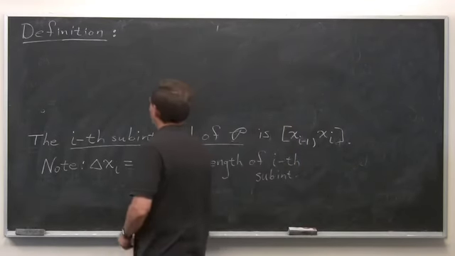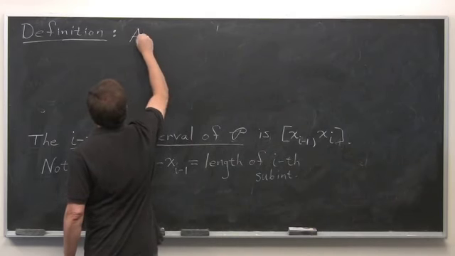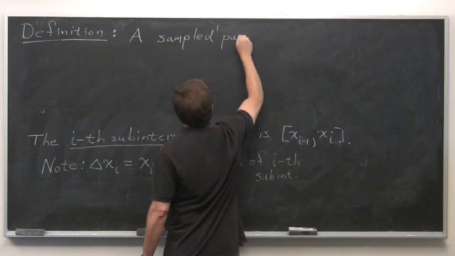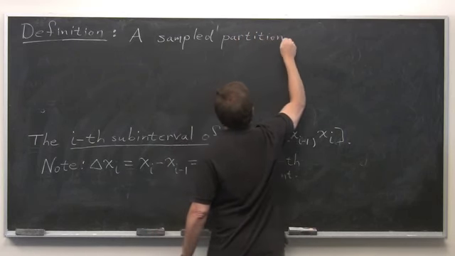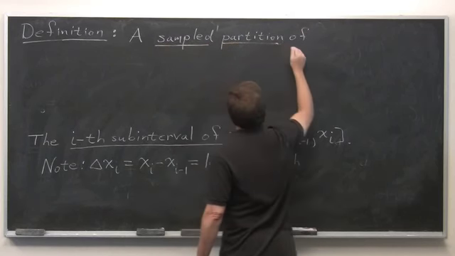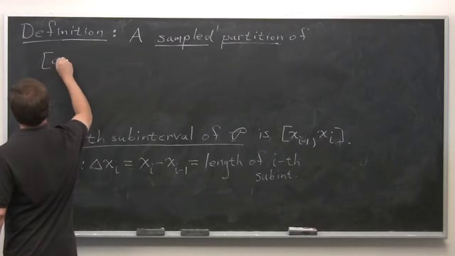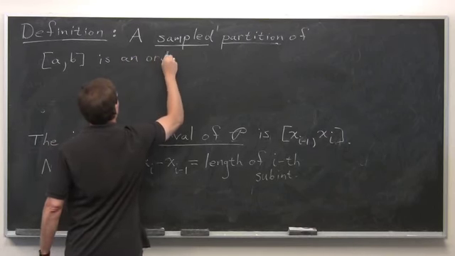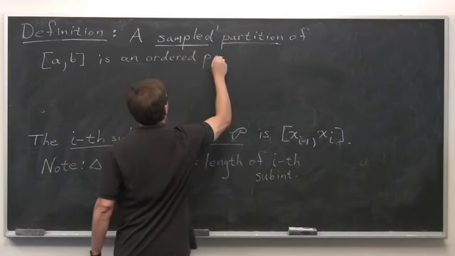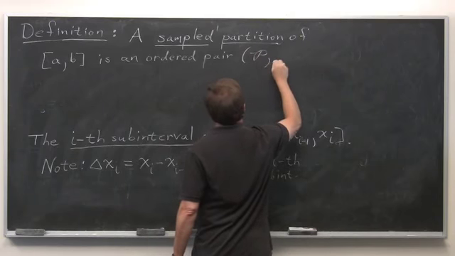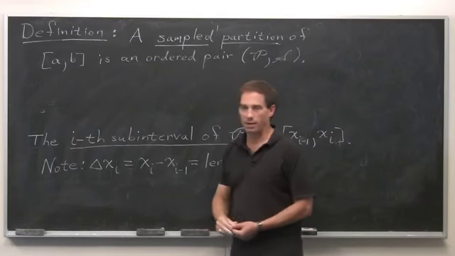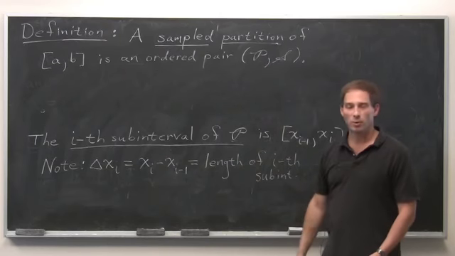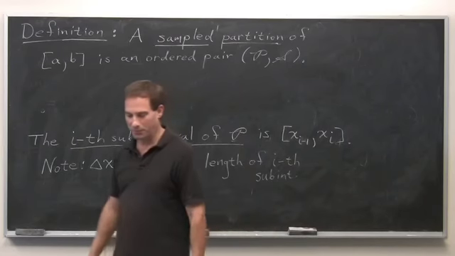So a sampled partition of [a, b] is an ordered pair (P, S), and I'll just say it, I won't write it, where P is a partition of [a, b] and S is a set of sample points for P, what you'd expect it to be.